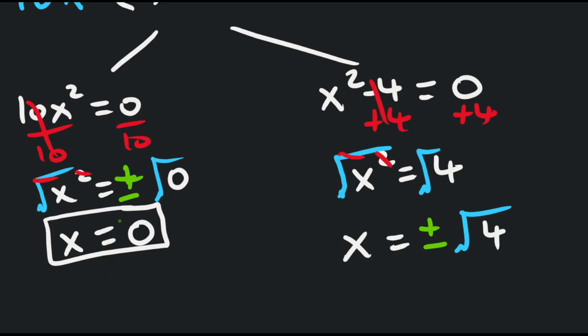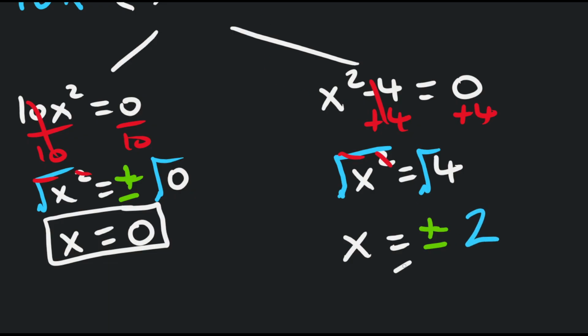Whenever you're taking the square root of 0, it doesn't make a difference. But for any other number, when you take the radical of both sides in an equation, you must include that plus minus. So x equals plus minus radical 4. And what does radical 4 evaluate to? That is 2.